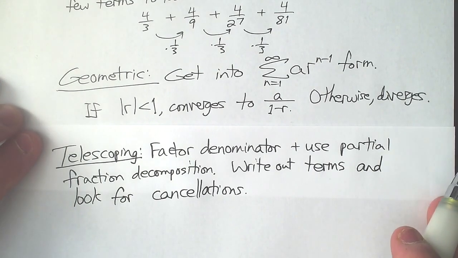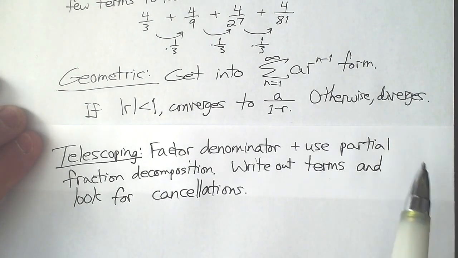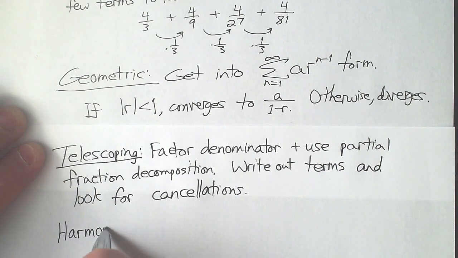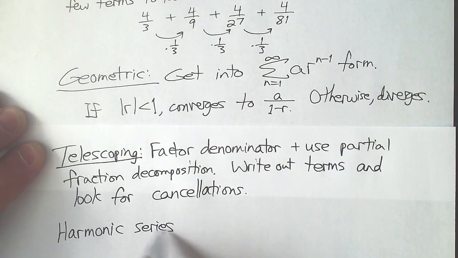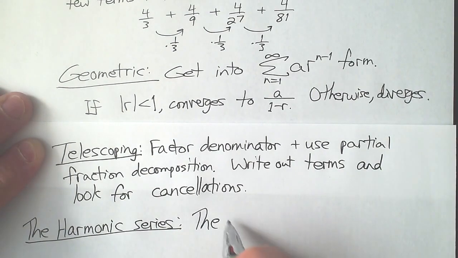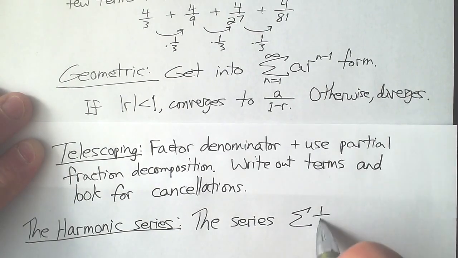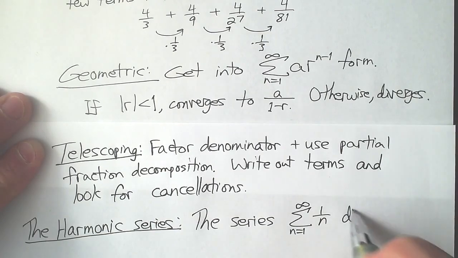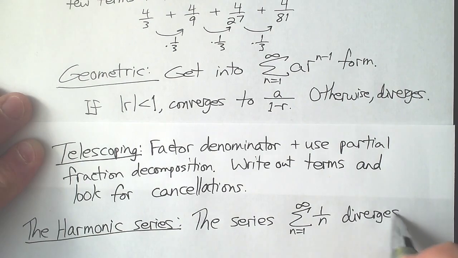Now, when I said to determine if the series is geometric, telescoping, or other, here's an example of other, the harmonic series. There is only one. The harmonic series, the series of 1 over n, diverges. That's just a rule that we can use.